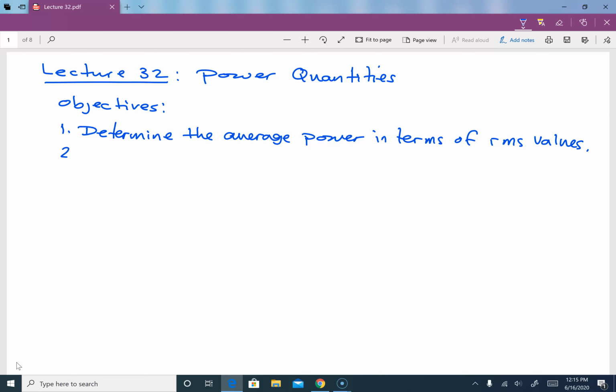The second objective is to define and determine the apparent power.